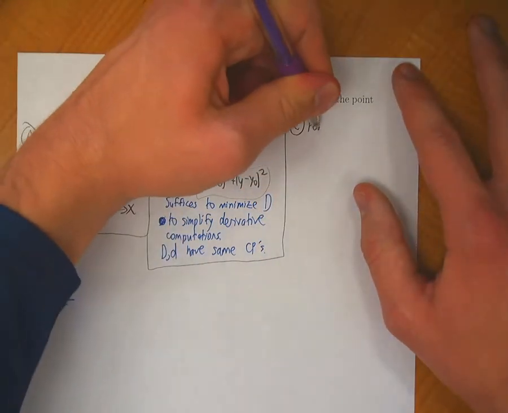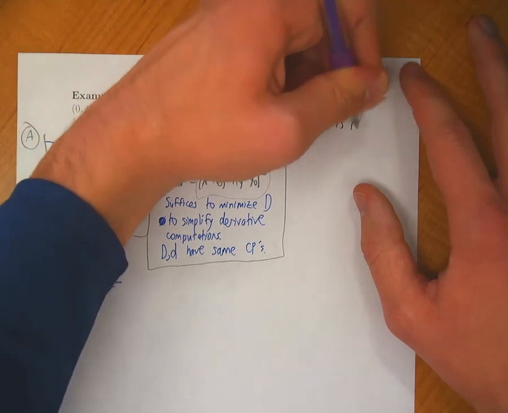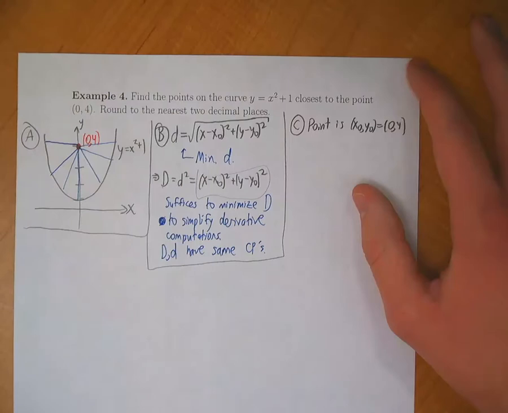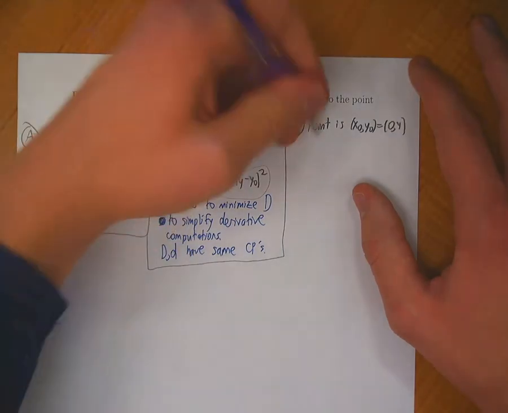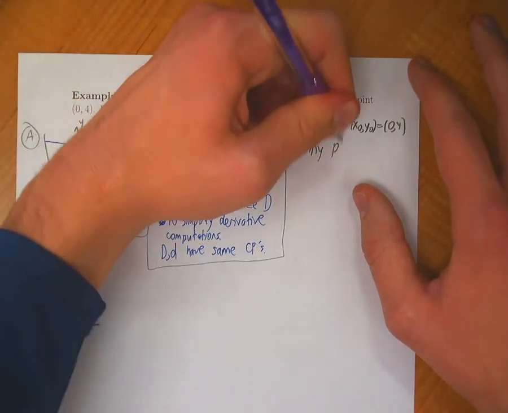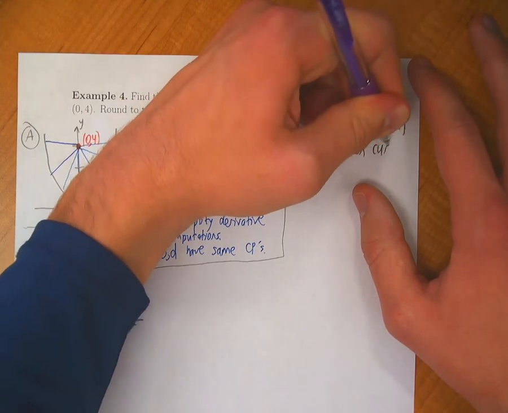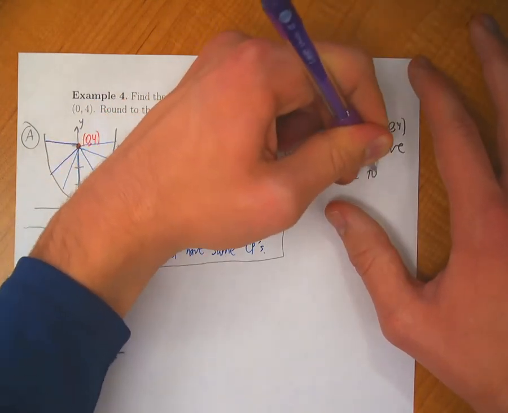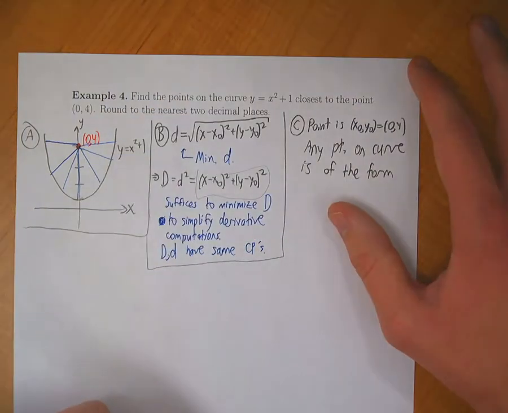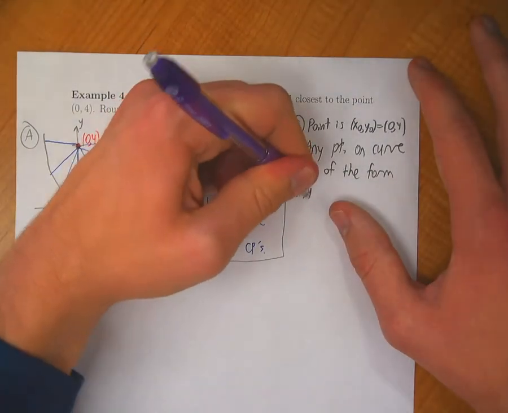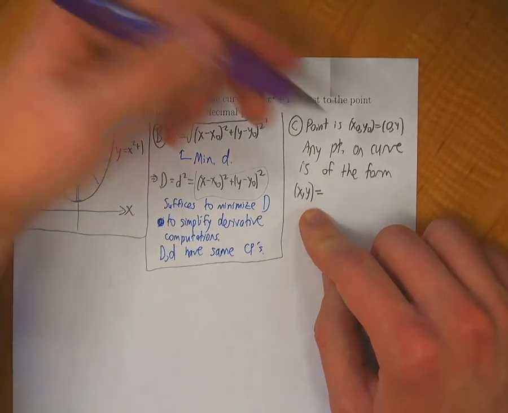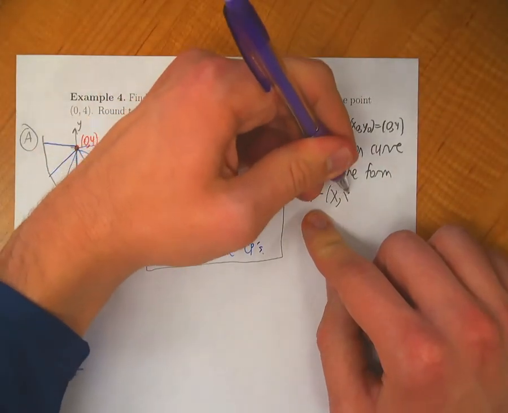So the point (x naught, y naught) is (0, 4). And any point on the curve is of the form (x, y), where y is equal to x squared plus 1. So we have (x, x squared plus 1).